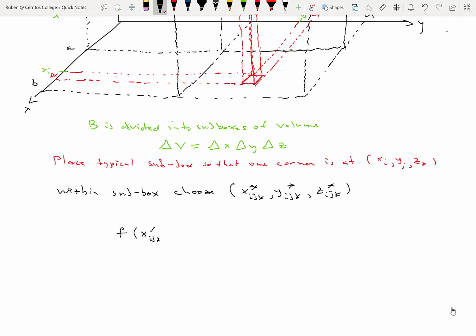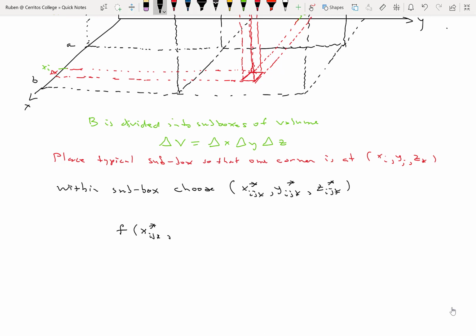Just like in Calc 1, I evaluated the function at f of x sub i star. And in Calc 3, with the double integral, I evaluated the function f of x, y at x sub ij star, y sub ij star.